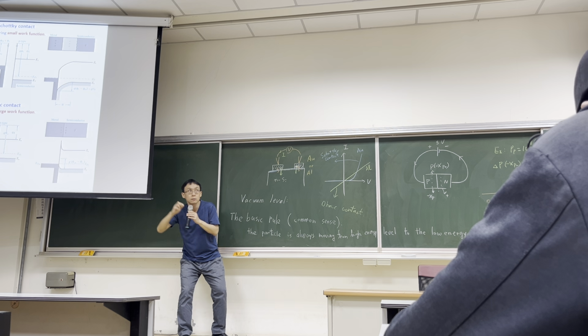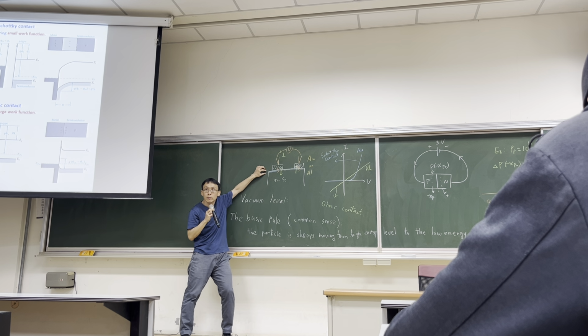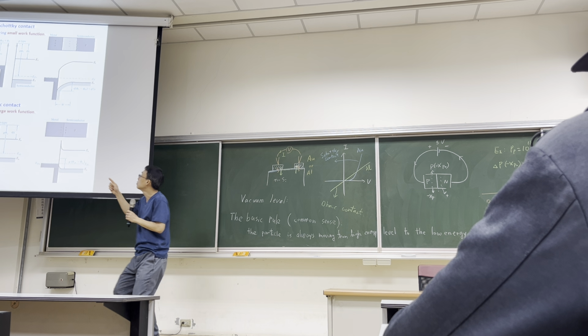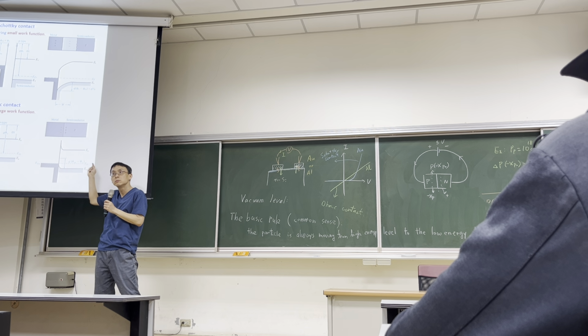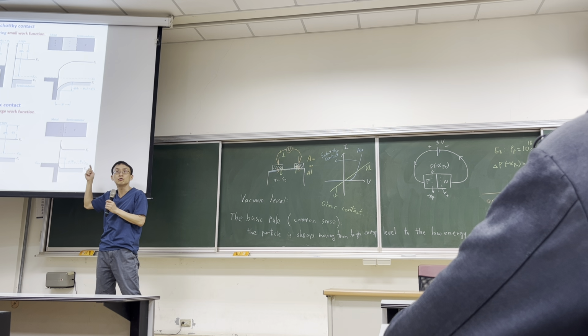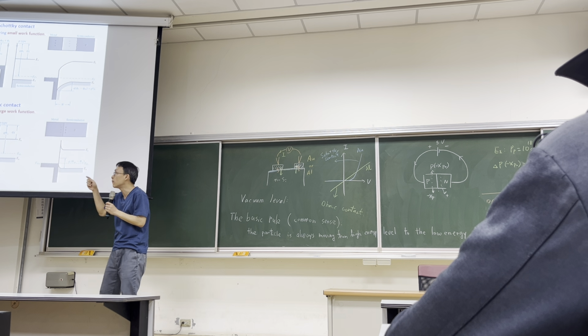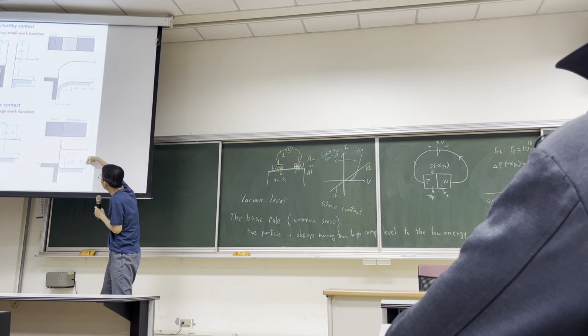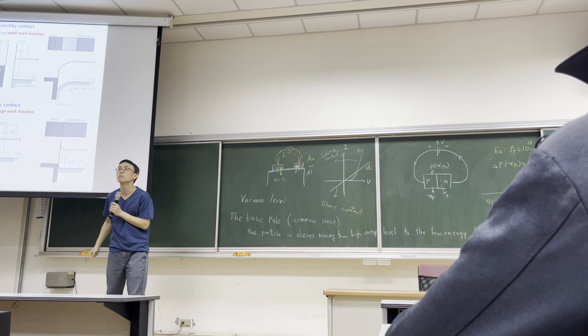For a thin thickness, only the electrons in the very thin region will change, but in the bulk region, no change. Okay? How do you know it? You know it by looking at the distance between the Fermi level and the conduction band. Right?